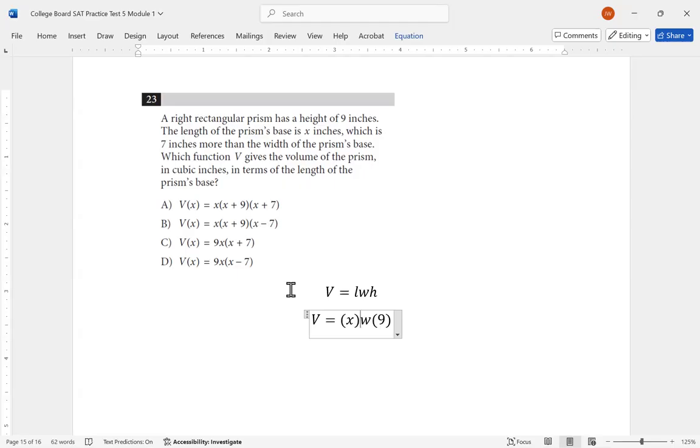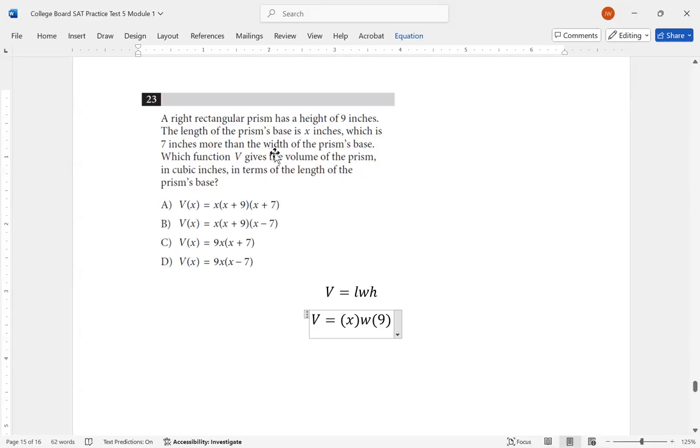And the width, oh, I'm sorry, I apologize, I misspoke. The length of the prism's base is x inches, and that is 7 inches more than the width.